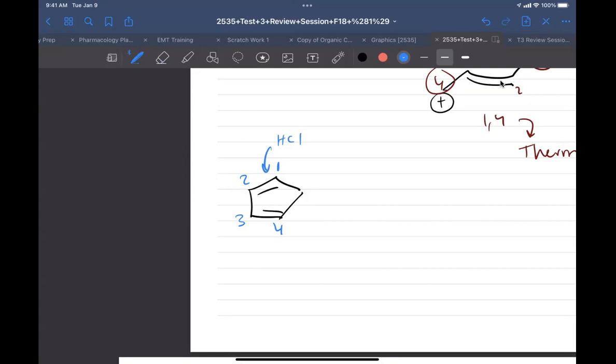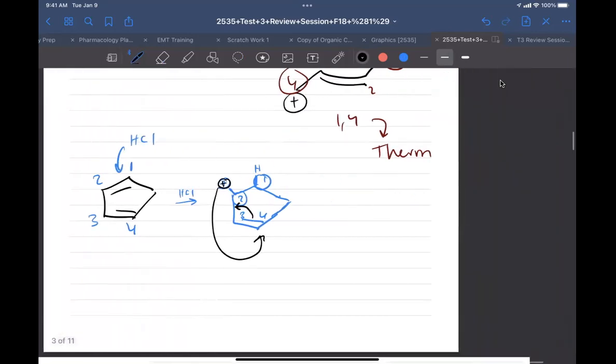If we add HCl, carbocation right here, H here, 1, 2, 3, 4. That's our 1,2 addition. This alkene will conjugate over on this side, door hinge, and then this carbocation will now move over here.